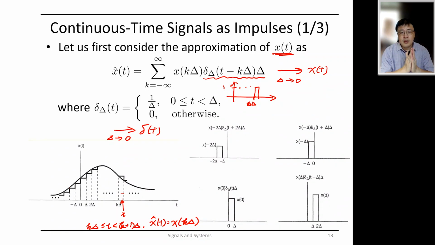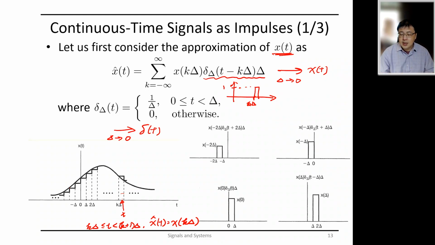So if the input signal is a superposition of these very short pulses, then the output signal should also be the superposition of the corresponding responses of these very short pulses.